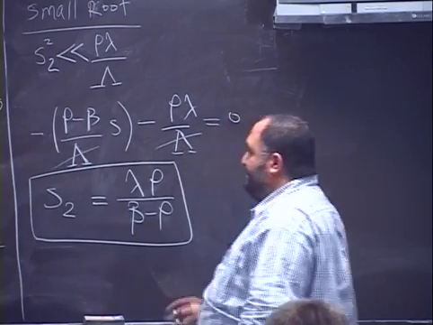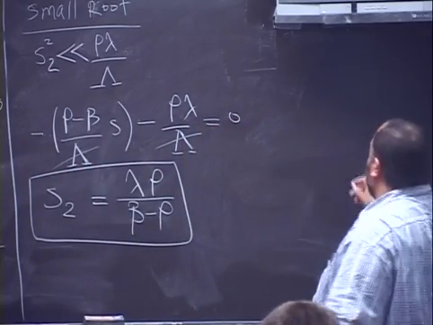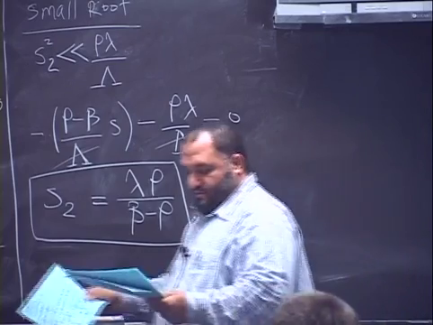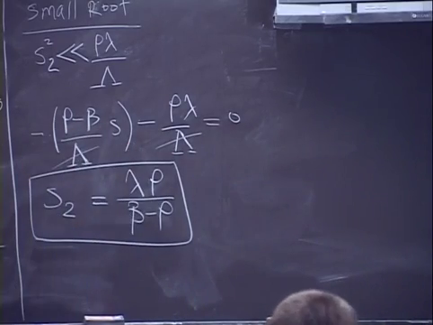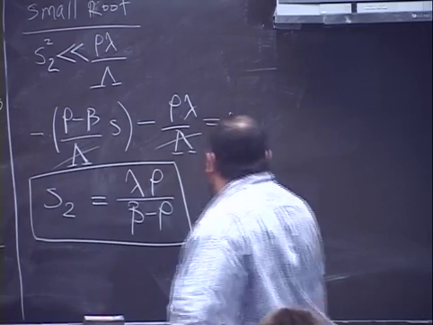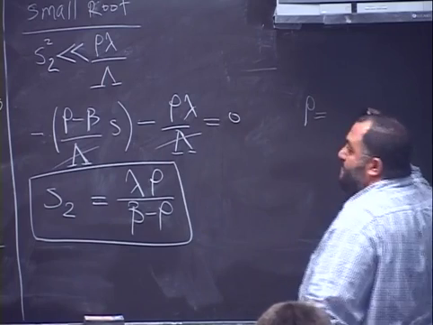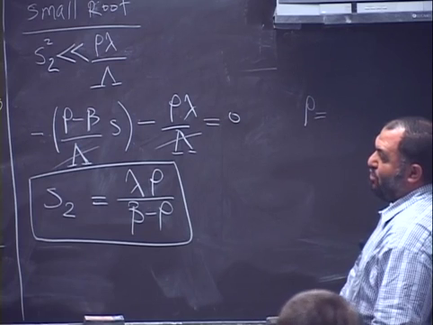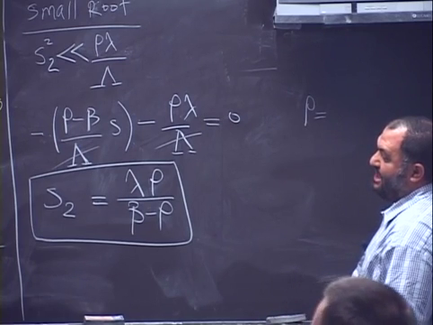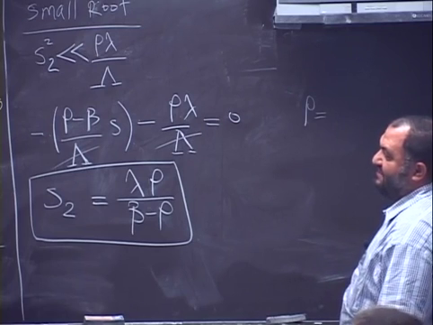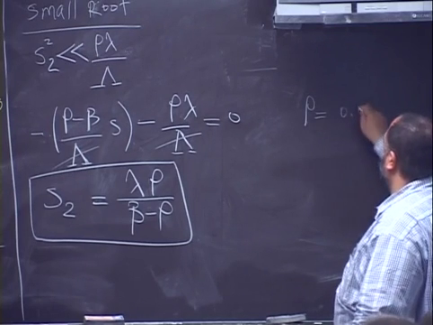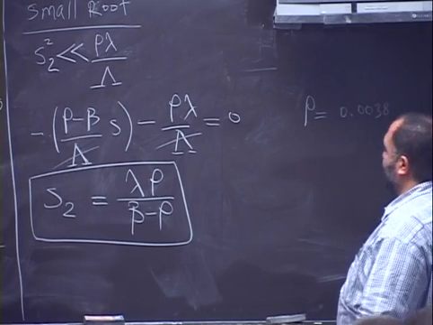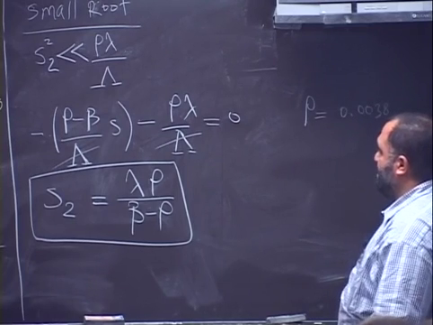So just if you want to get a feeling, let's assume that, I do not know if I have it here in the question or not, but we'll see. Let's assume that rho is half beta. Half beta will be what? 0.00337. So let's say 0.0038, something like this. So what's S1?